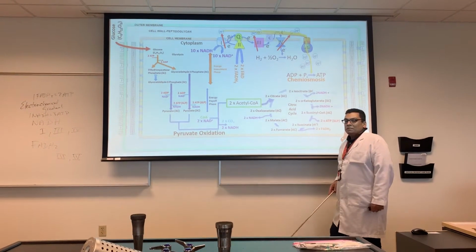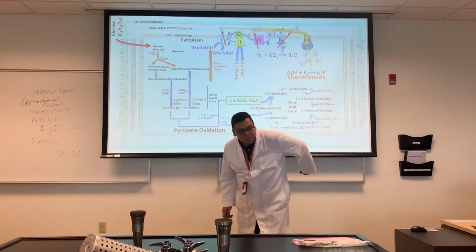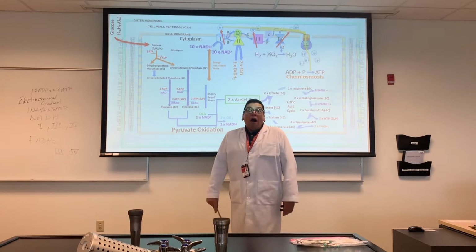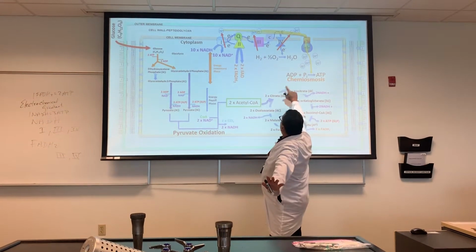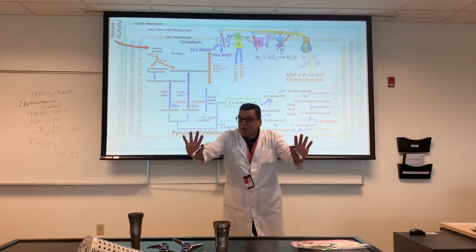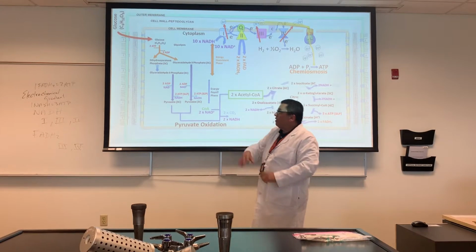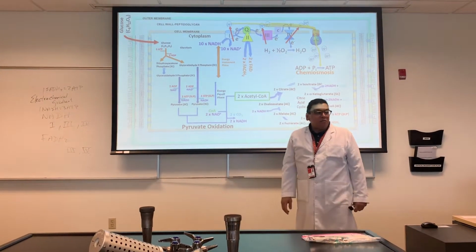ATP synthase will feel that hydrogen going through, and it will wake up, and it will pick up an ADP and a phosphate, and it will make ATP. That's this one. We call that chemiosmosis.